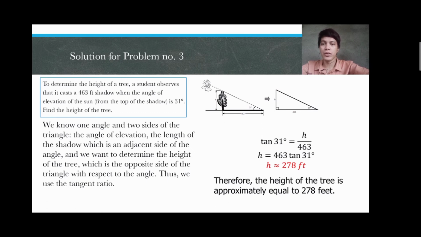Multiplying both sides by 463, we have h equals 463 times tangent 31 degrees, and h is approximately equal to 278 feet. Therefore, we can conclude that the height of the tree is approximately equal to 278 feet.